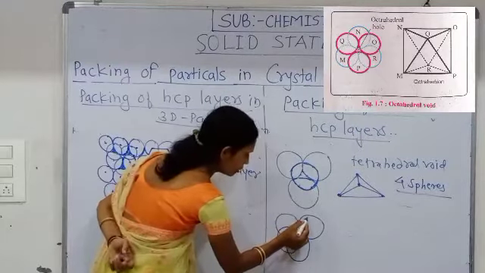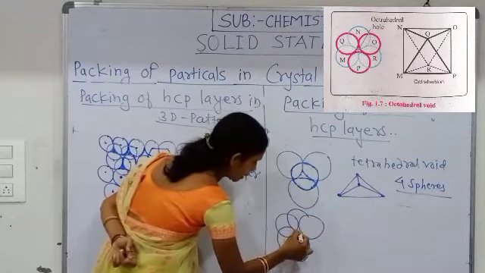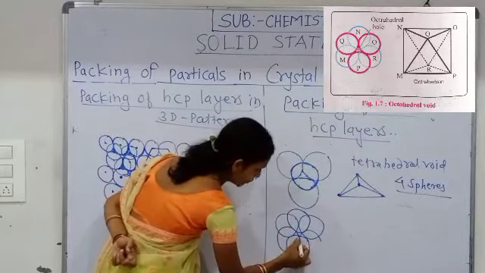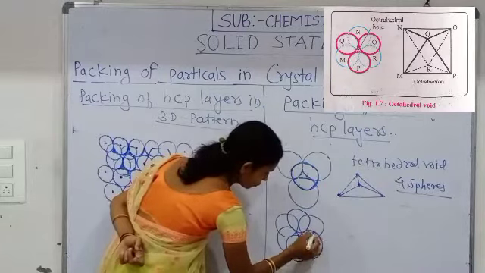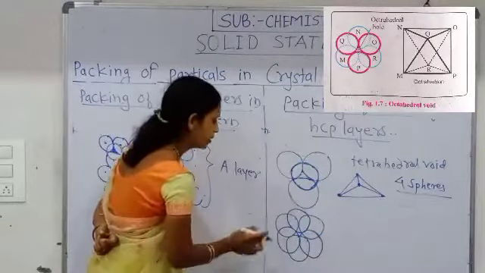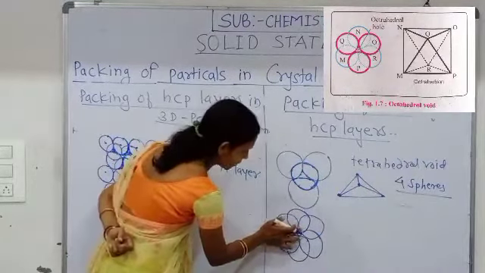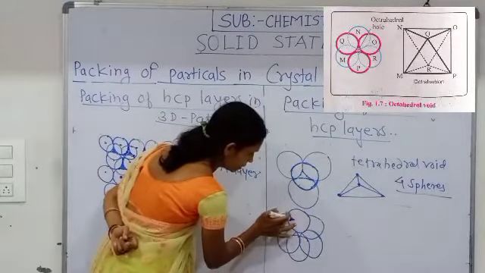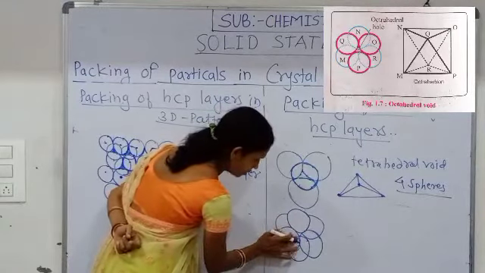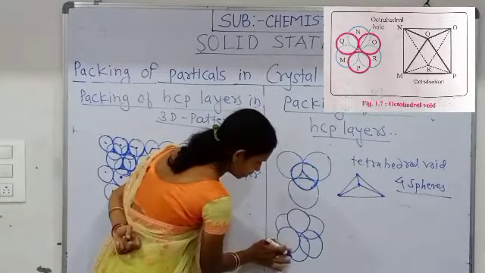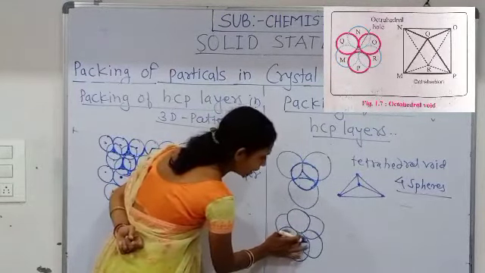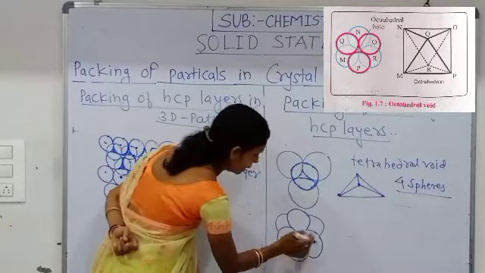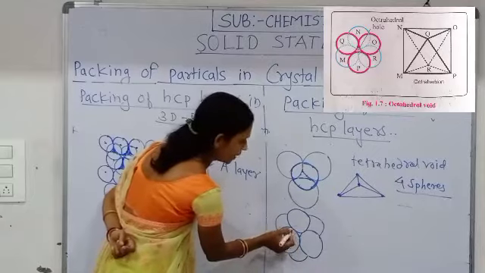See here, when the spheres in the second layer are arranged in the depressions of spheres of the first layer, then the 3 spheres in the second layer cover the remaining triangular voids, like this.